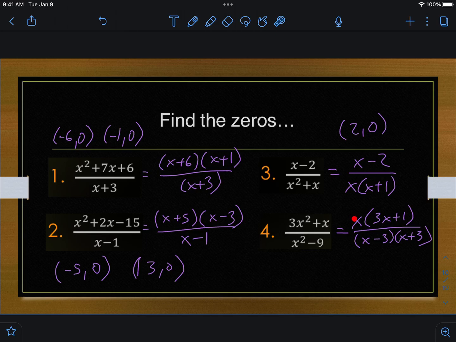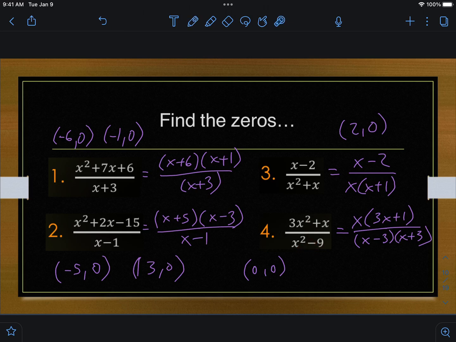If x itself is a factor by itself on top, that means that 0 is one of the zeros, one of the solutions. So 0, 0, right? Because if I plug 0 into this equation, it's going to be 3 times 0 squared plus 0. It's all zeros on top, right? And the denominator is not 0, and that's good. We want the top to be 0 and the bottom not to be 0.